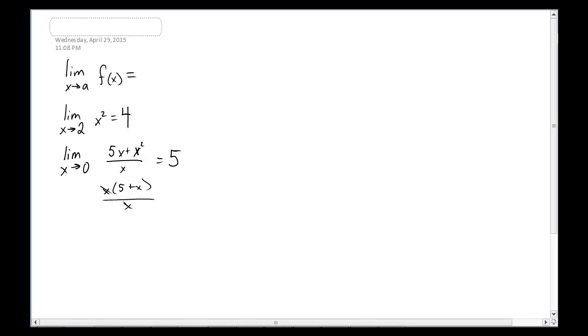We then cancel out the x's, which technically is not okay, but because we're saying that x is not equal to 0, x is approaching 0, that means x isn't quite 0 yet, it's just getting really close, then the x's can cancel out, leave me with 5 plus x, and then I can say, well, then as x approaches 0, this is getting closer and closer to 0, therefore my final answer will be 5. And so that idea can kind of help us.